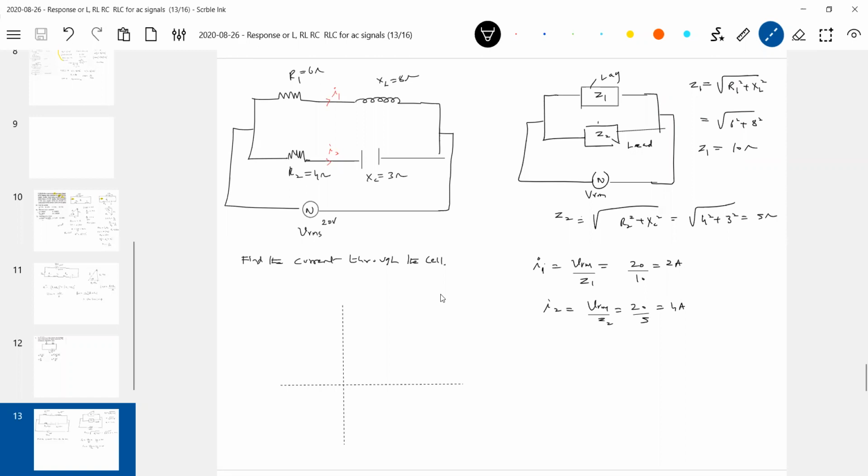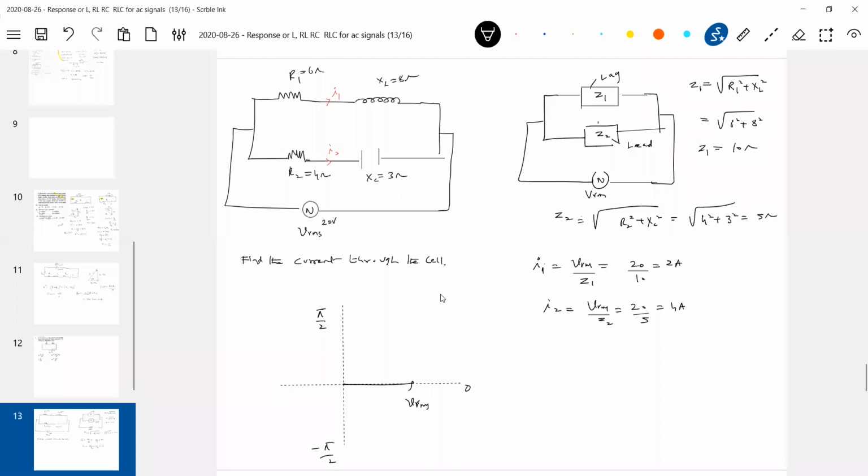There's a vector diagram. Now the VRMS is the reference I'm taking, at 0 phase. This is pi by 2, this is minus pi by 2. Now let's come to this. What about R1, XL, the Z1? It's a lag, no? What do you mean by lag?